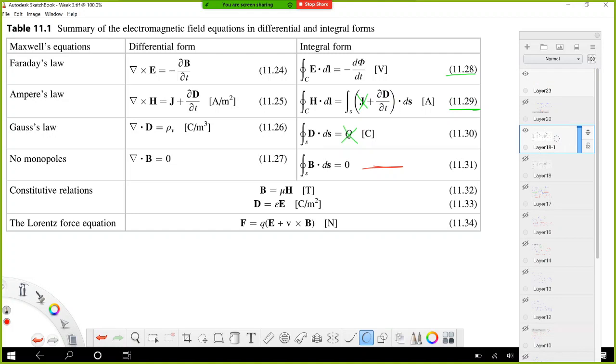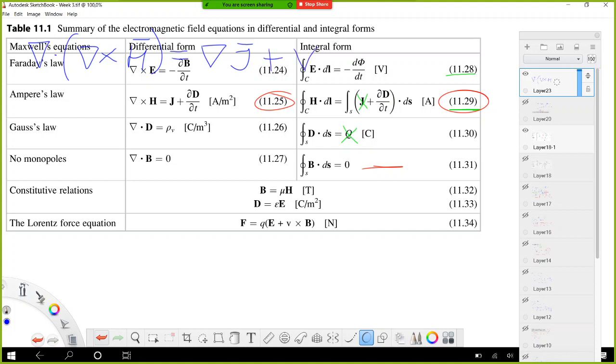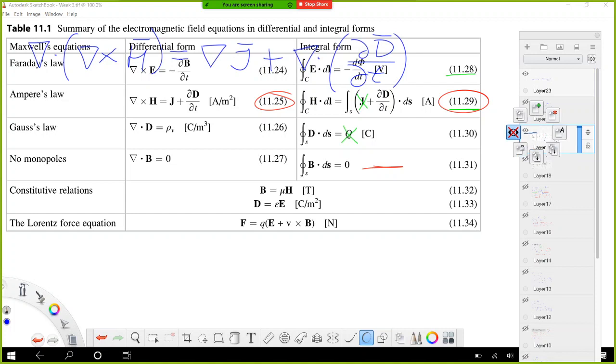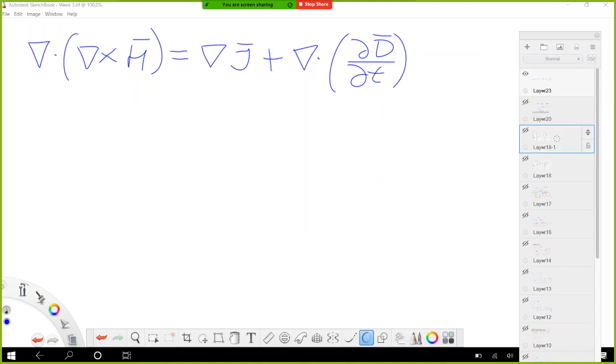If we take the divergence of the curl of H, it equals the divergence of J plus the divergence of dD/dt.